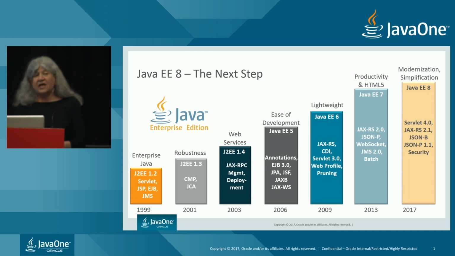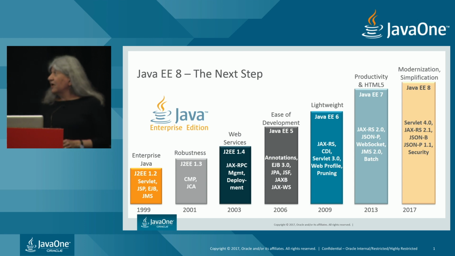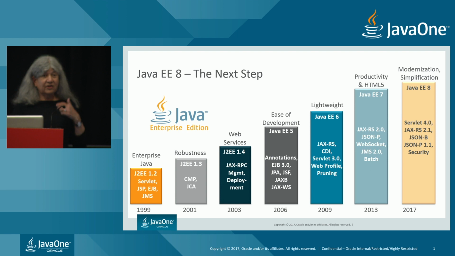So Java EE8 is the next and probably last step in the Java EE brand in the development of the enterprise platform for us here at Oracle. So the platform has been getting bigger. Obviously, we have the web profile if you don't need the full functionality of the full platform.